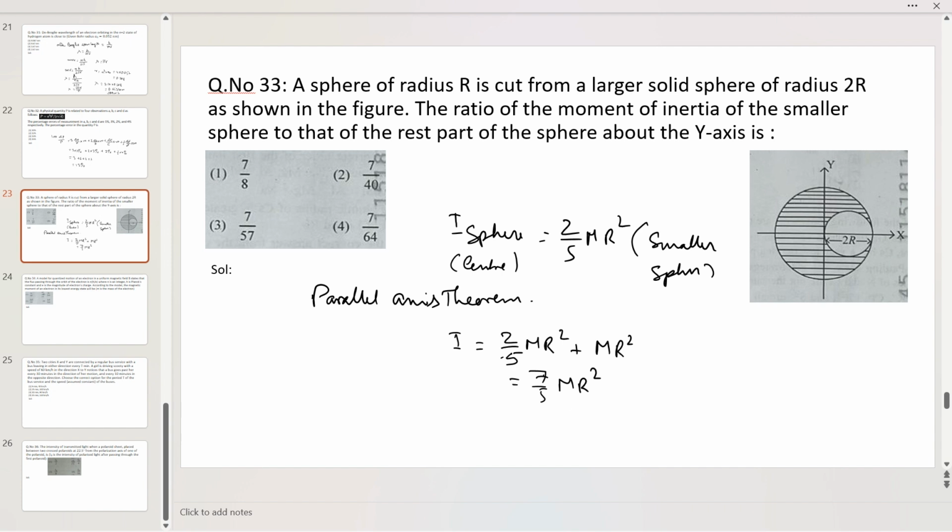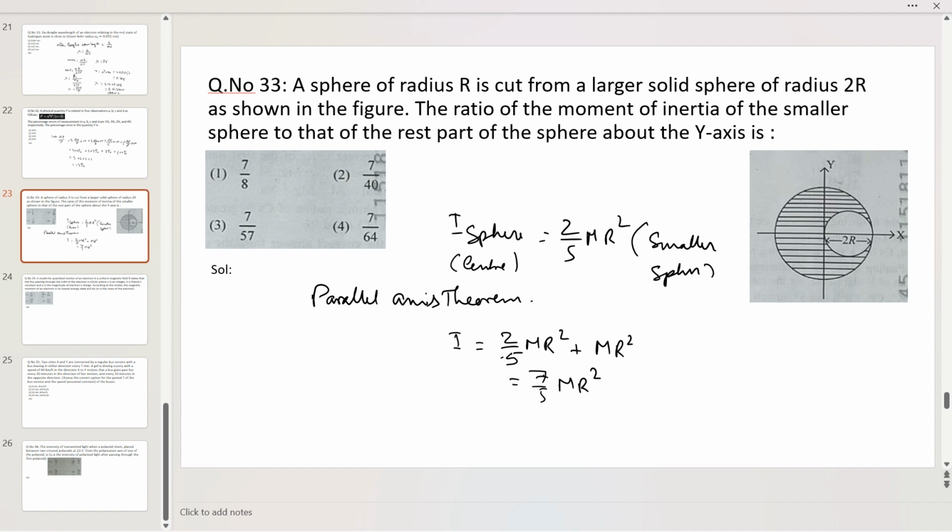Now I am going to find the moment of inertia of the sphere with radius 2r.